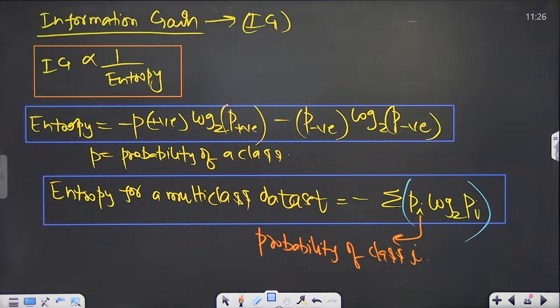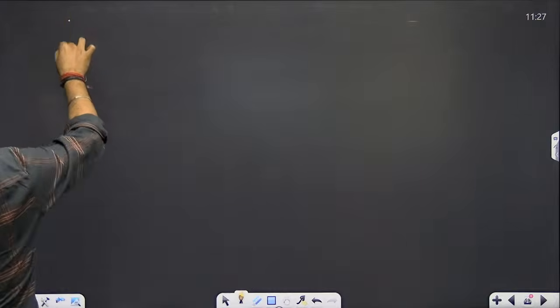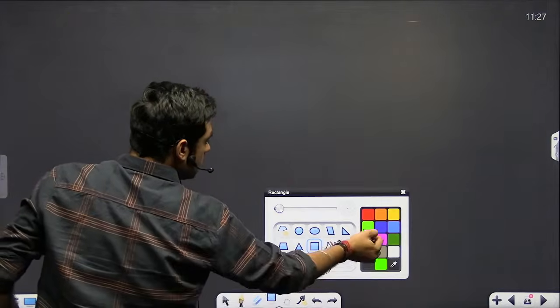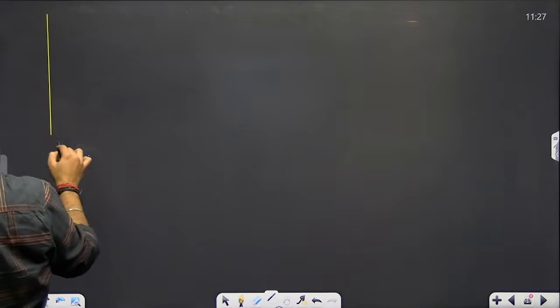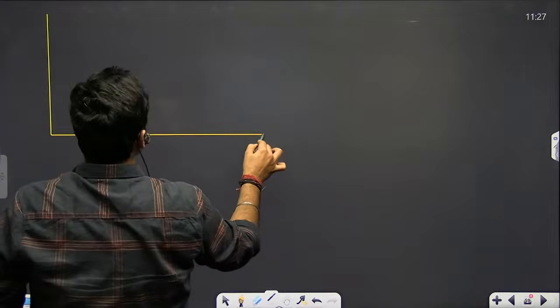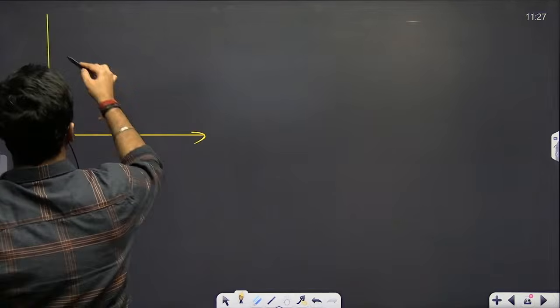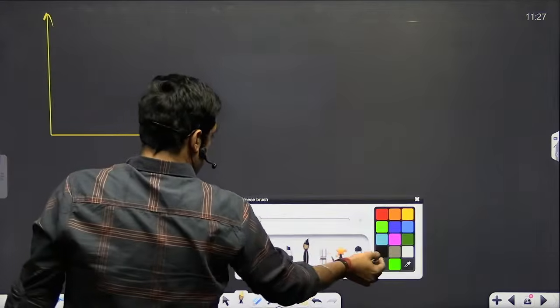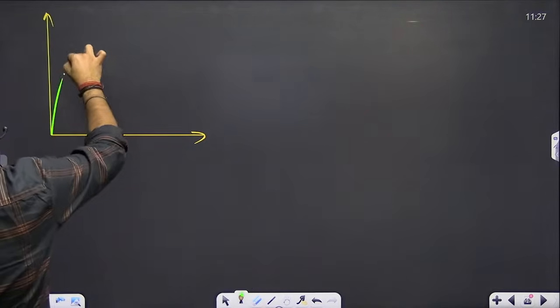Okay, now next I'd like to draw the graph and explain what this entropy means, what exactly this entropy signifies. If I draw a graph of entropy for a binary class data set, it would look like this.